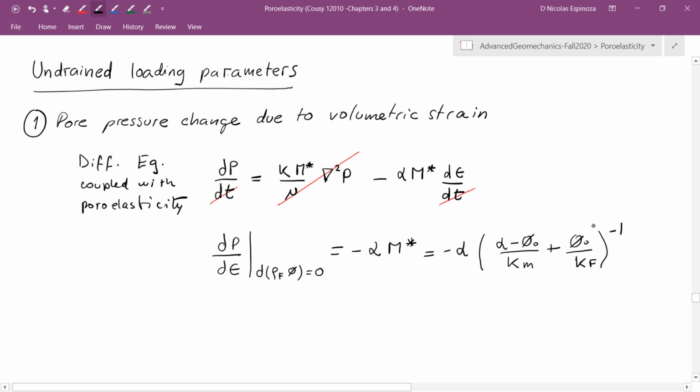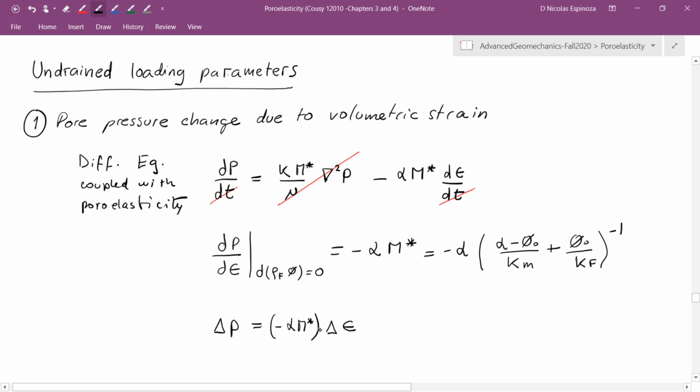So this product is going to tell me what is the proportionality parameter between pressure and volumetric strain, so that, for example, if I wanted to compute the expected change of pressure due to a change in volumetric strain, then the proportionality parameter is negative alpha times the Biot modulus.